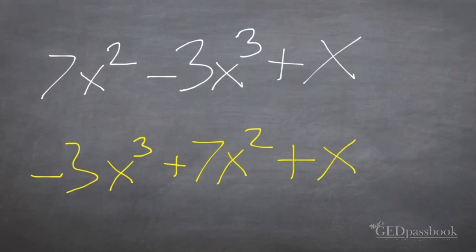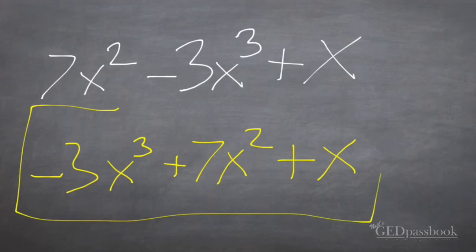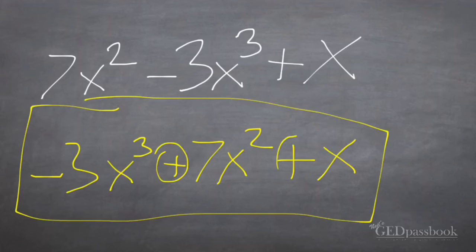Okay, whatever. So this is in reality your final answer. Negative 3x cubed plus 7x squared plus x. All you have to do is arrange. Keep track of those symbols. That's going to be key when you do arrange. All right. Other than that, that's pretty much it with combining like terms.